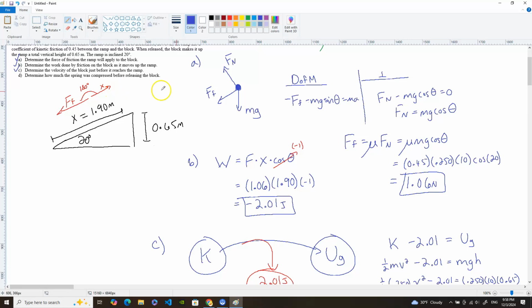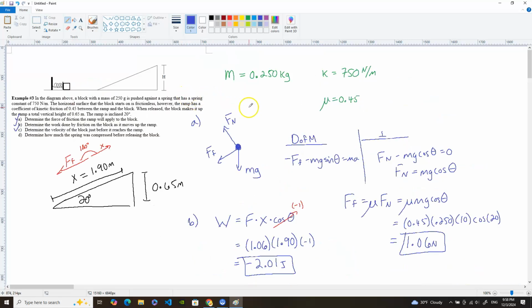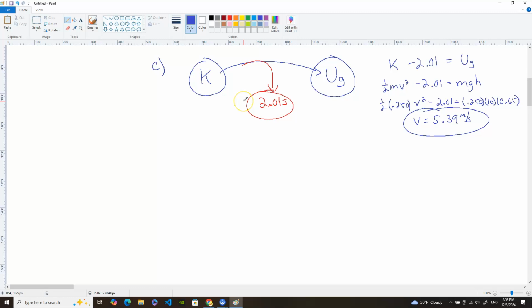And the last one, how much the spring was compressed before releasing the block. So D takes us back even a step further. That spring potential energy became the kinetic energy that we just discussed on the block.